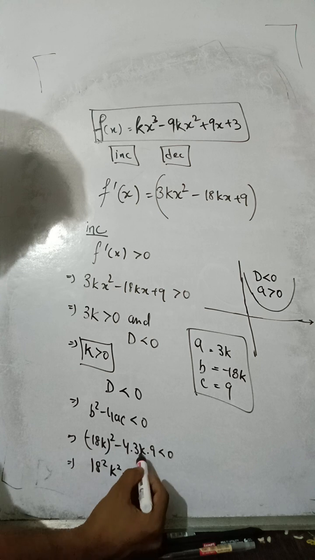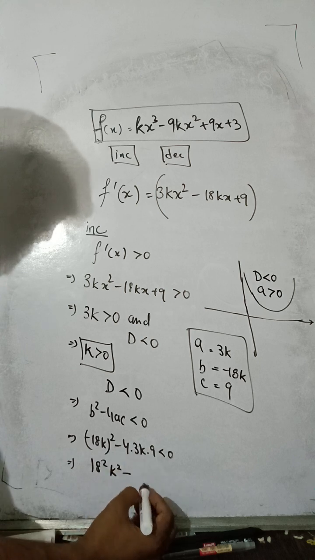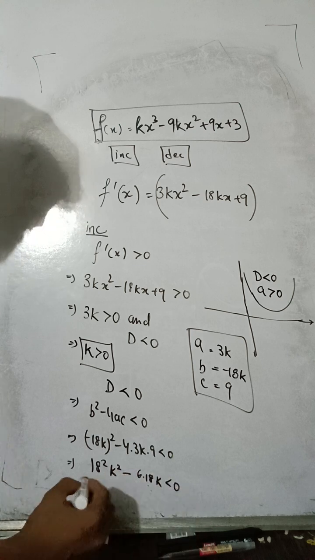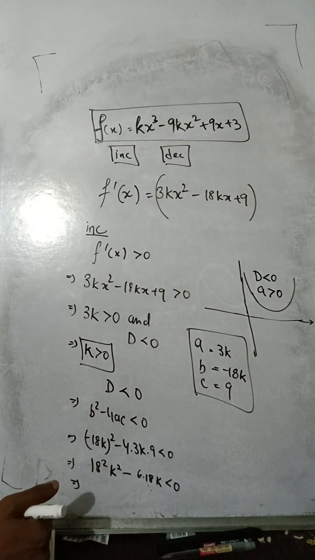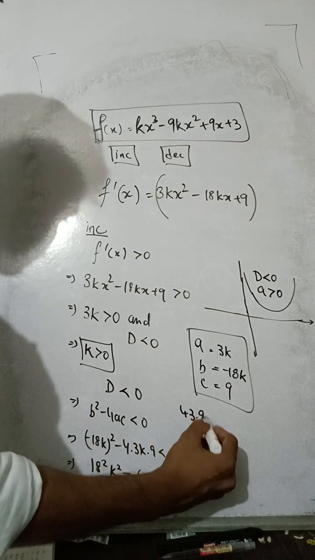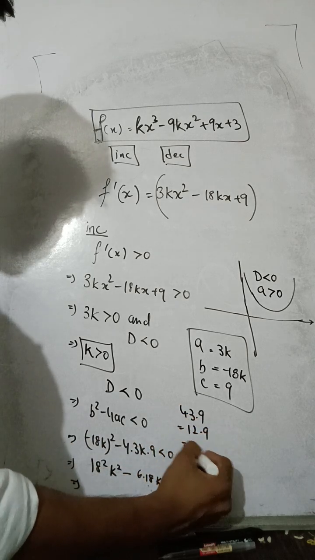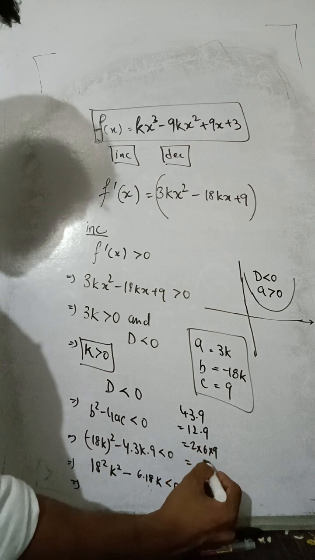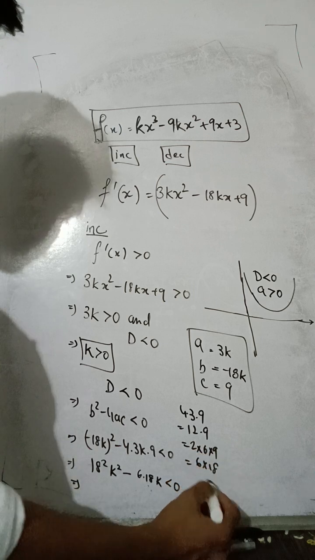And here it becomes 12 into 9, because 4 into 3 is 12. We can say this same 12 into 9 is 6 into 18k. Let it simply be 18 squared k squared minus 6 into 18k.